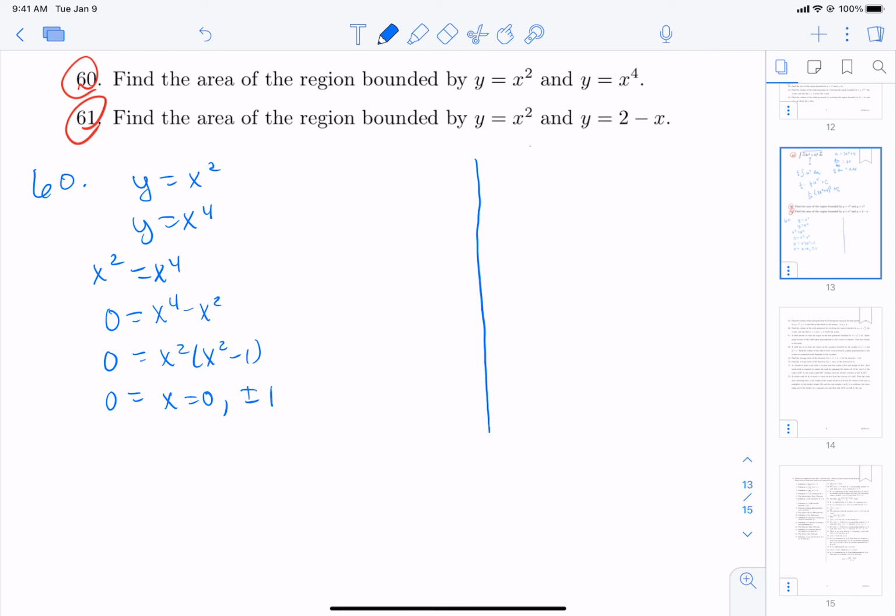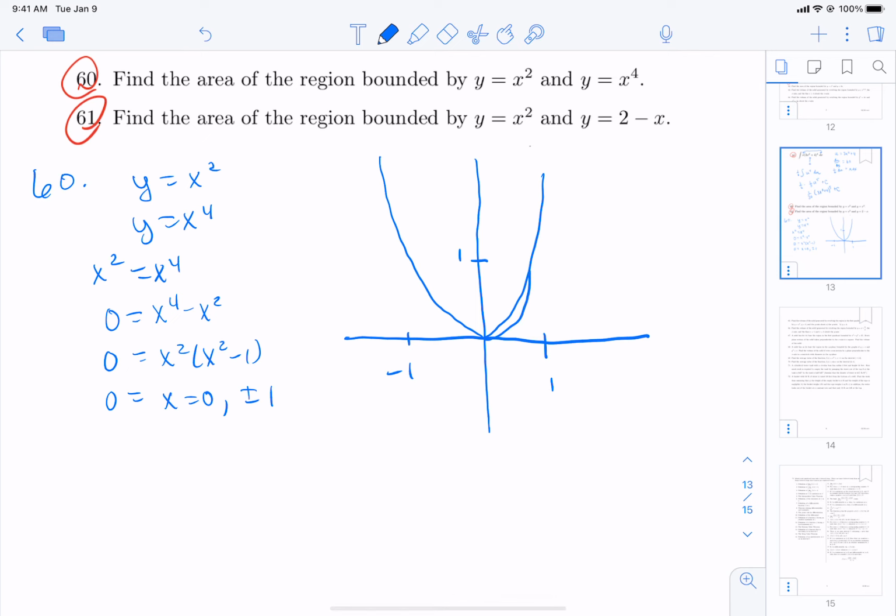If you were to graph them, and I know this isn't going to be the greatest picture, so x squared looks like this. X to the 4th almost looks exactly like it, but it's actually a little bit lower, and then it gets higher.